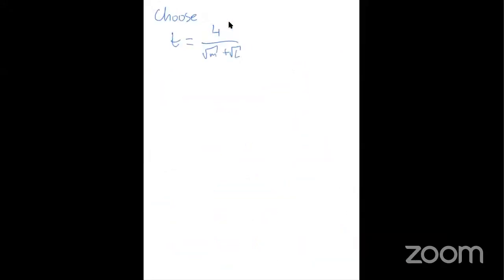What you can show is that if you choose the following two constants, if you choose T to be equal to 4 divided by (square root of m plus square root of L) squared, and if you choose beta to be equal to (square root of c minus 1) divided by (square root of c plus 1), squared.